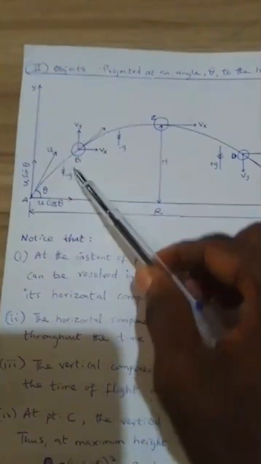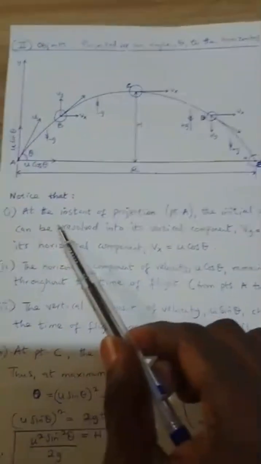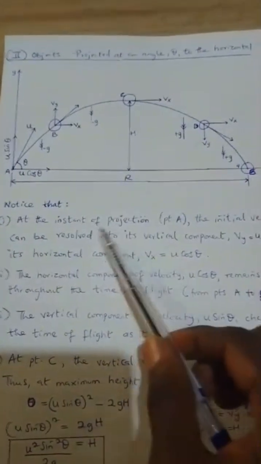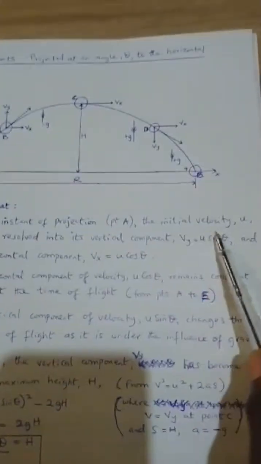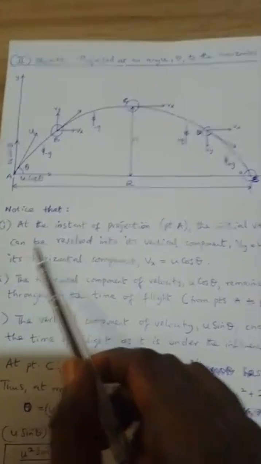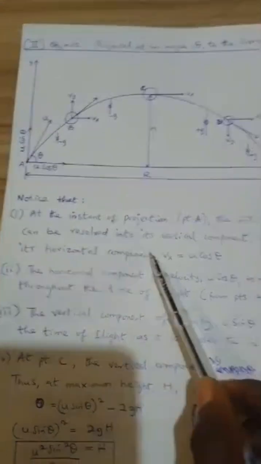So let's look at what we have. Notice that at the instant of projection, that's point A, the initial velocity u can be resolved into its vertical component and its horizontal component.